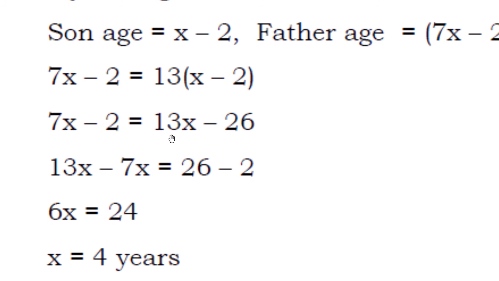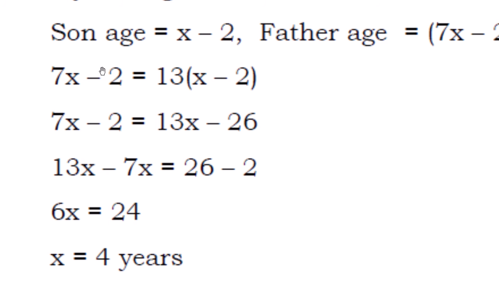All x terms on one side. Because 13x is bigger, 7x we can take towards this side, it will become 13x minus 7x. Minus 26, if it goes that side, it will become plus 26. Already we have minus 2 here. So 13x minus 7x equal to 26 minus 2. 13 minus 7 equal to 6x equal to 24.